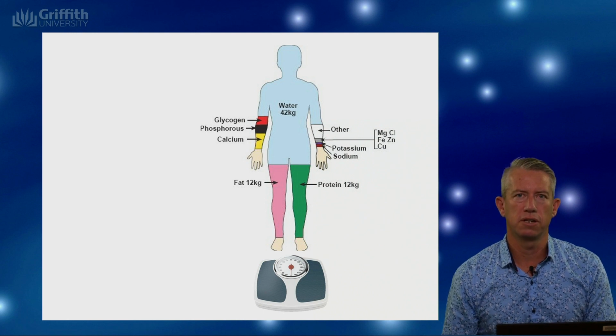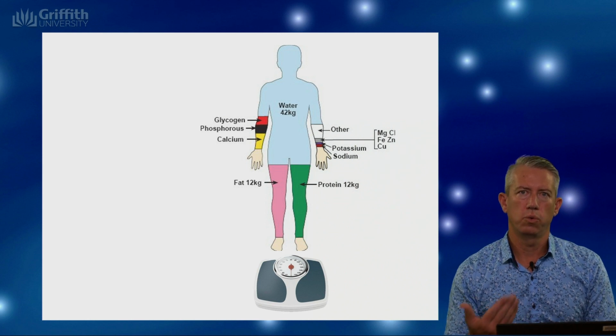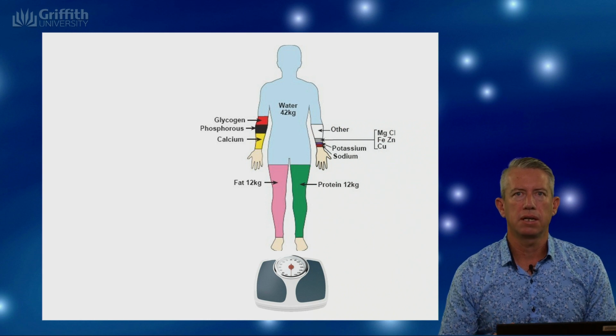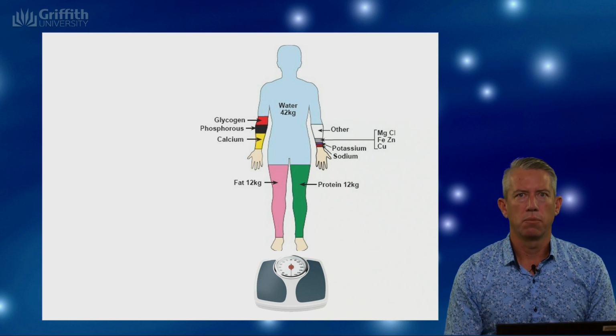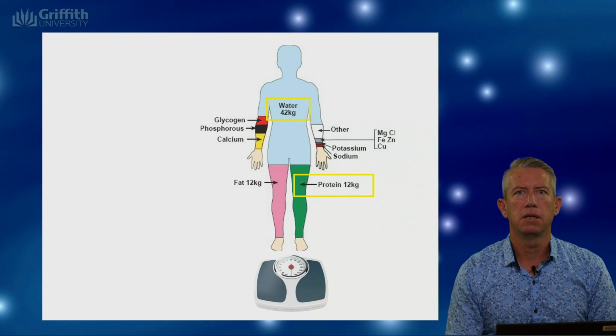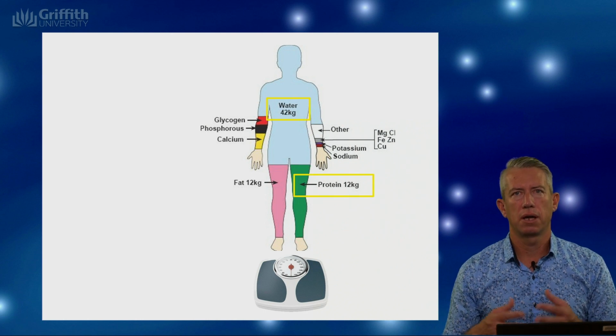So what are we actually interested in terms of body weight? We need to appreciate that you get one number, but the number is made up of lots of different components. And in particular, when we're measuring someone's body weight, one of the key elements that we're trying to interpret is the protein component and the water component.